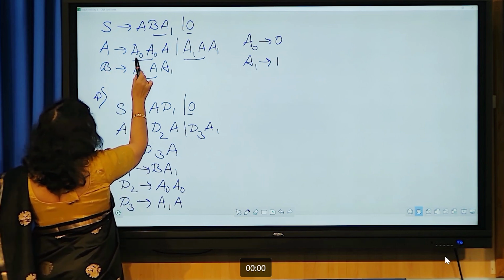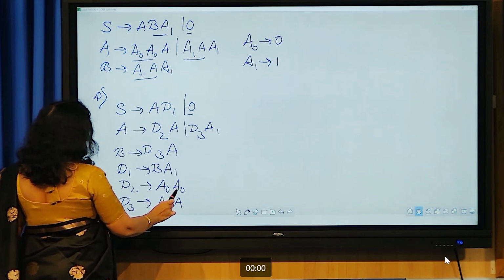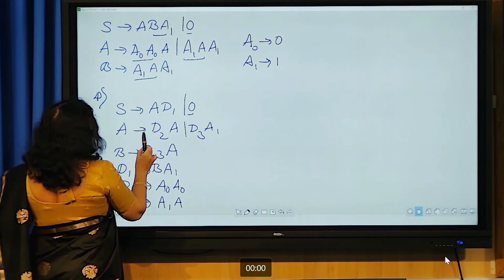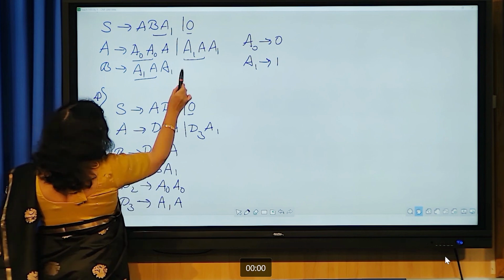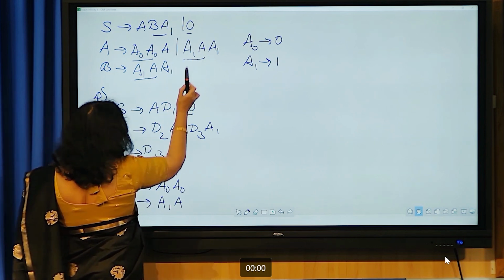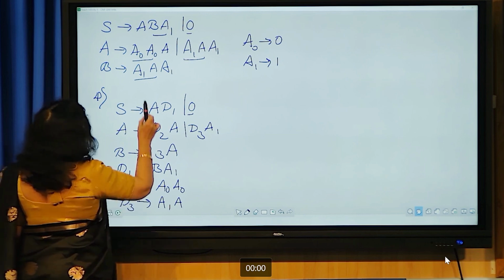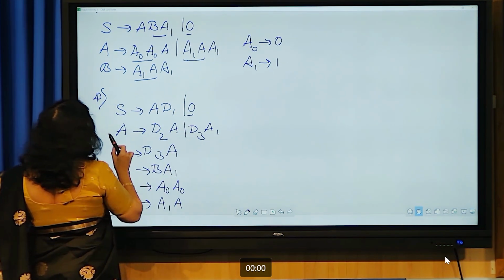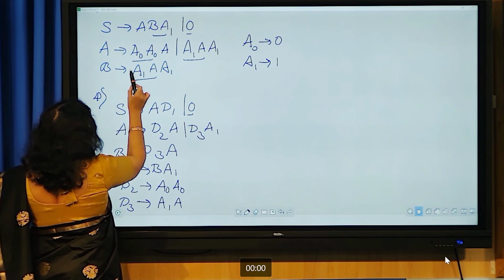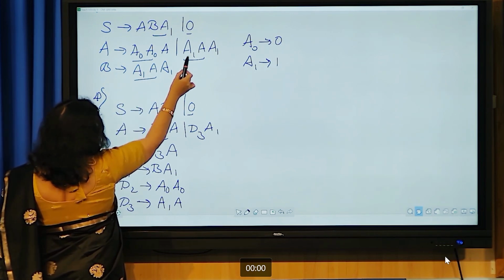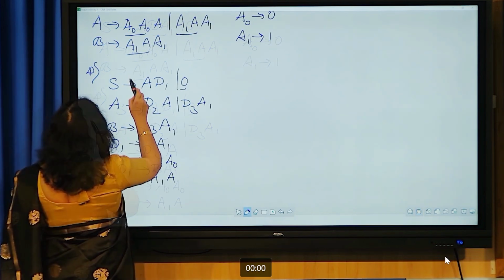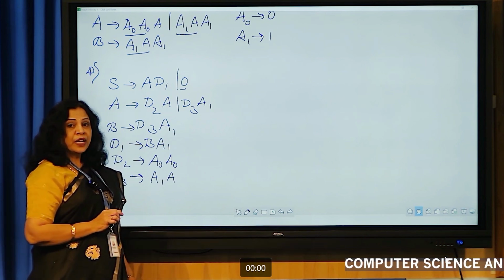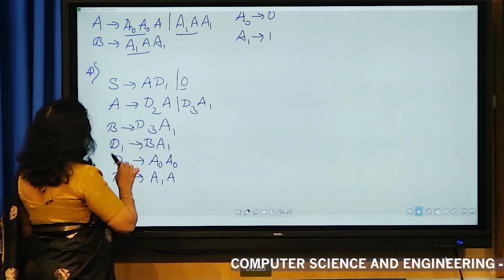A produces, for A0 A0, I have introduced a variable D2, so D2A, or for A1A, I have taken a new variable D3, so D3A1. What is B? B produces, for A1A, I have already taken D3, so B is D3A1. Now look at the grammar. This is in CNF form.